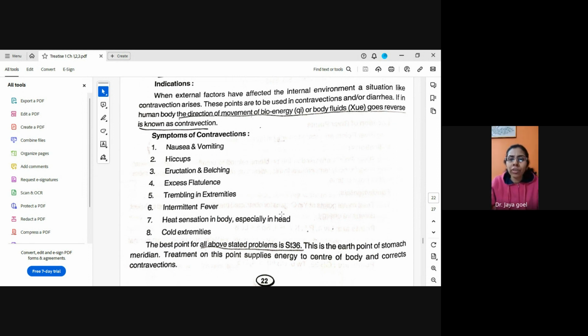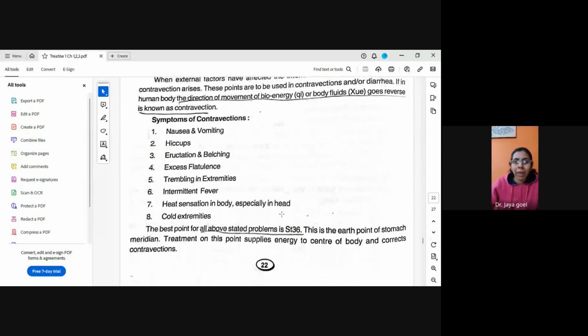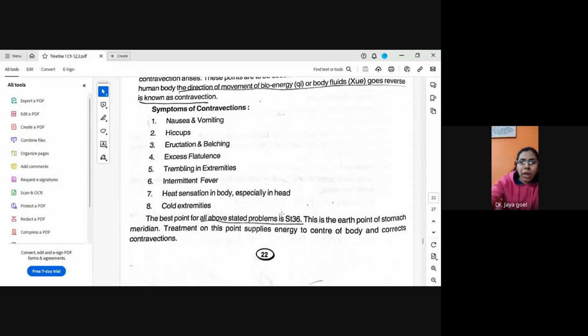Trembling of extremities, heat sensation in the body and especially in the head, and cold extremities, which means hands and feet are cold. When we touch them it is sometimes like ice cold, as if a person feels that we are touching ice.